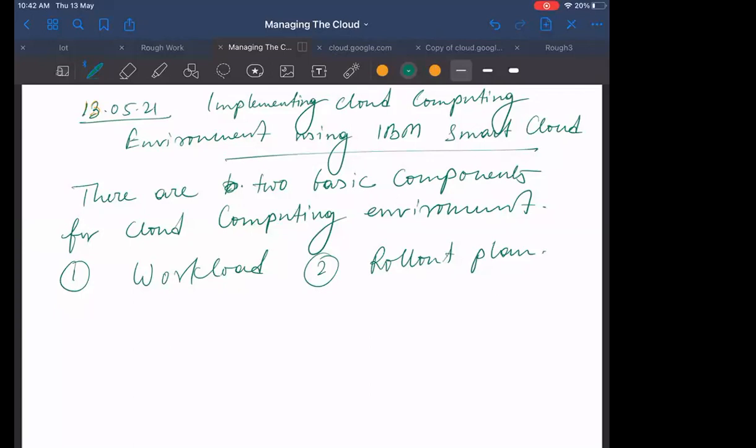The workload definition and the rollout plan are the two key considerations that drive the definition of the cloud computing environment. The architectural decision and the cost basis on which the business case is built are based on these two factors. So what is workload definition?